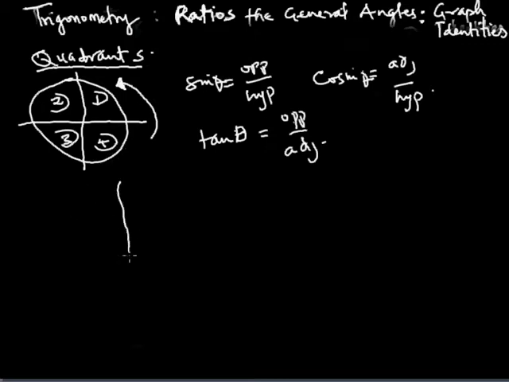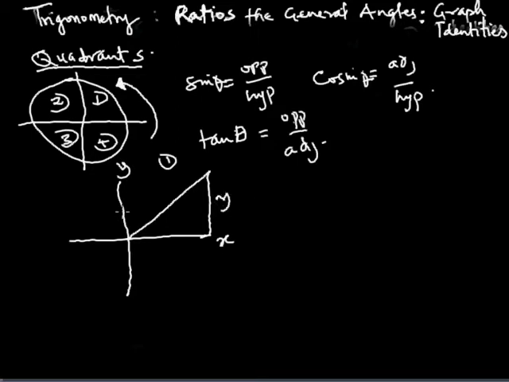Remember, this is the same thing as a circle, and we have a radius. This is the y-axis, and this is the x-axis. This is the first quadrant. This is the plus side of x, and this is the plus side of y.